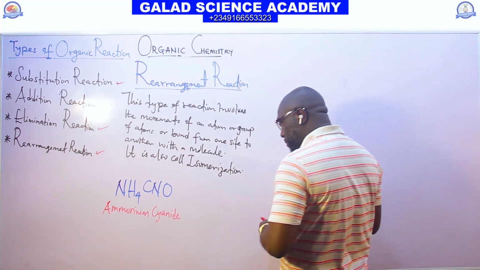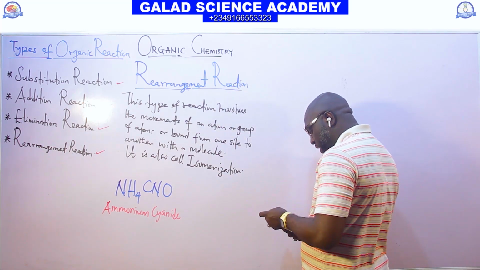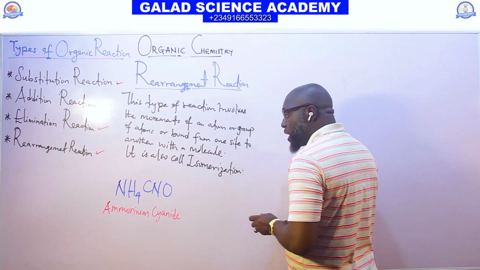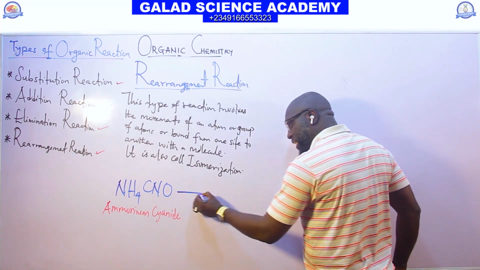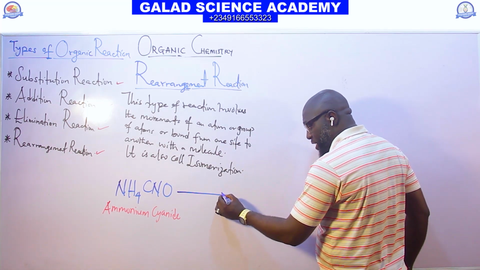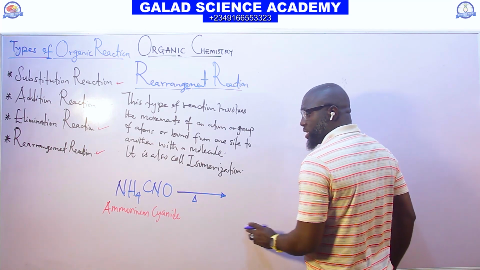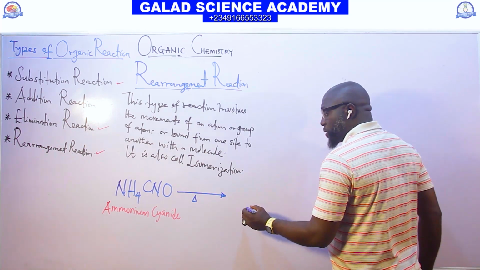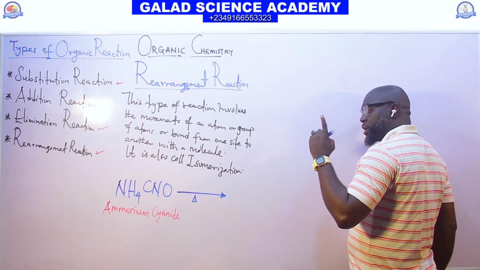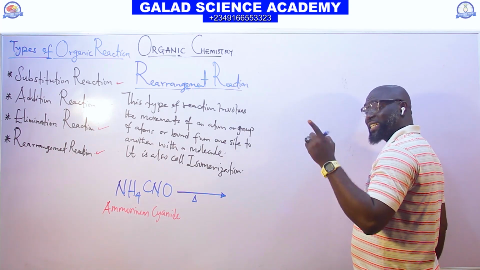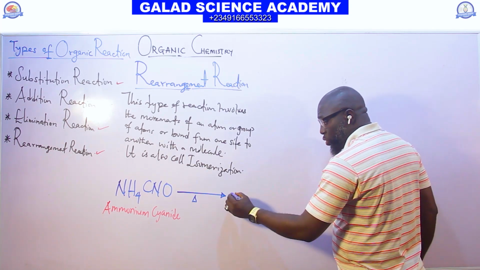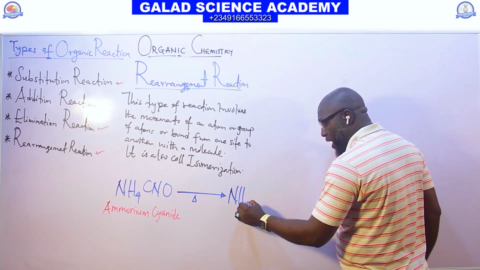Right. So when this ammonium cyanide is being heated, it will give us what? The first organic compound that was synthesized in the laboratory, which is known as what? Urea.